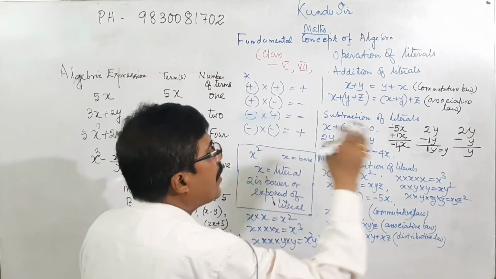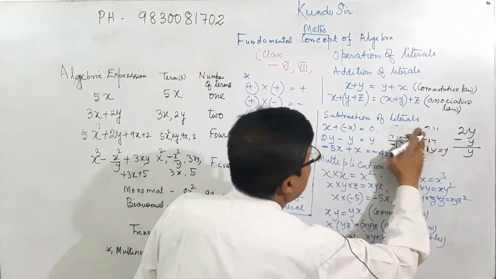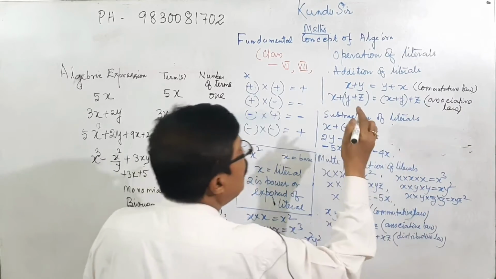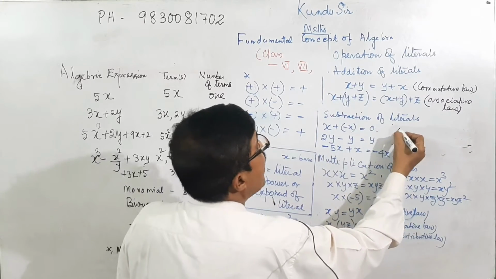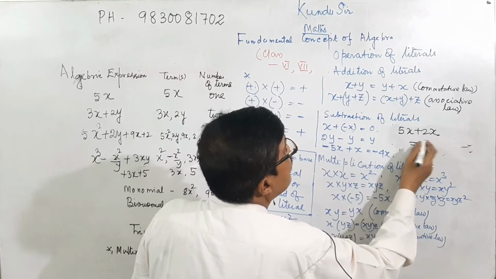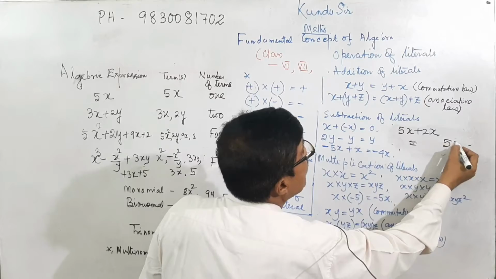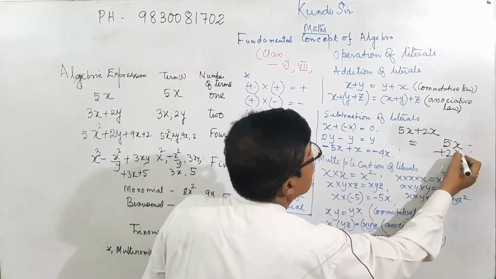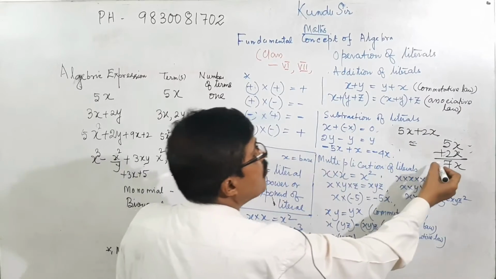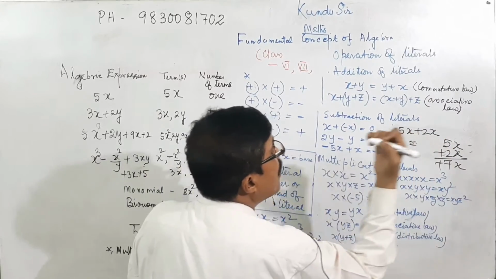I am giving more examples to you. So now 5X plus 2X, what? That is equal to 7X. No sign is indicating the plus sign.